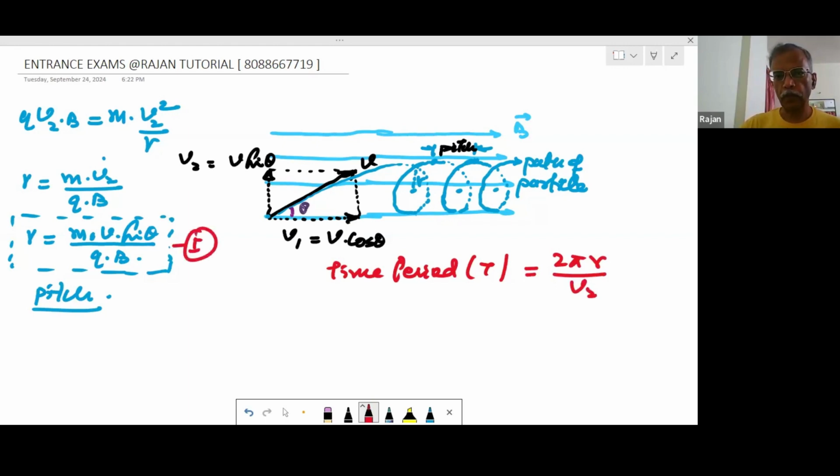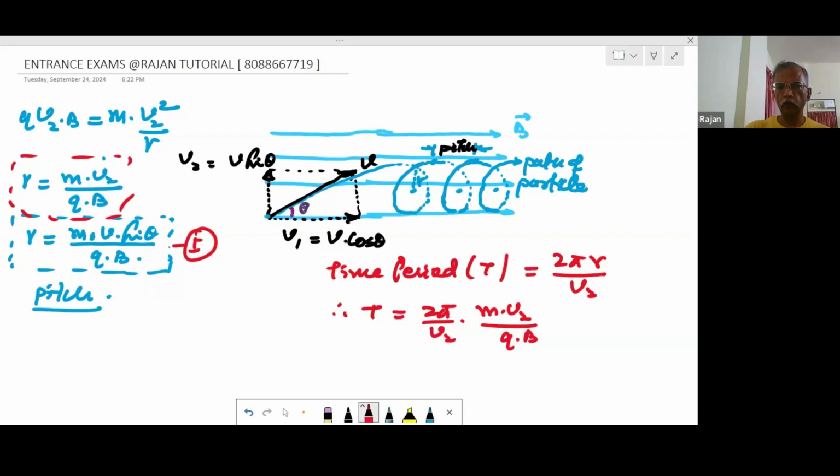So from equation number 1, we can write T is equal to 2 pi r by v2, and here r is equal to, straight away I can take the upper one because v2 is there, whereas I can take this as m v2 by q into B. The upper one we had taken.